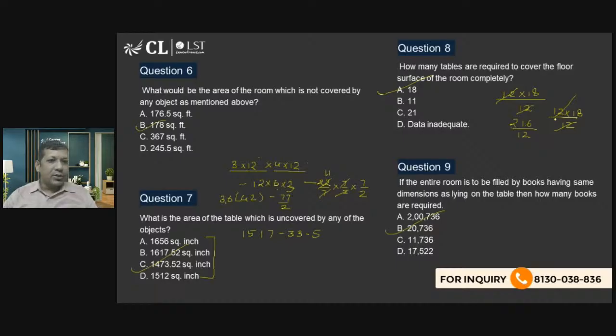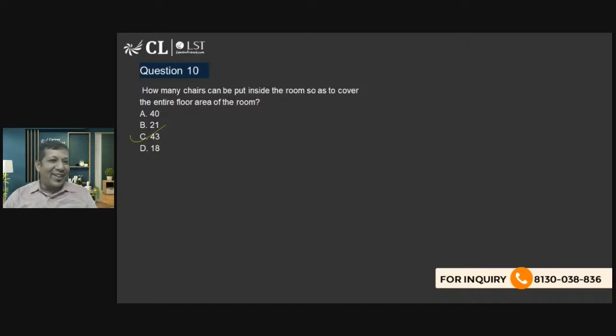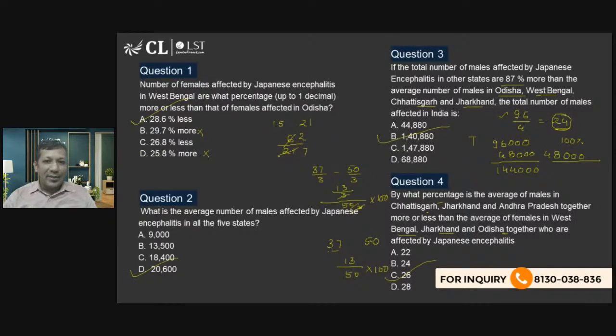Hema, I actually calculated the value, no? In the first set, I got the value as 144,000. My value would have been 144,000, right?